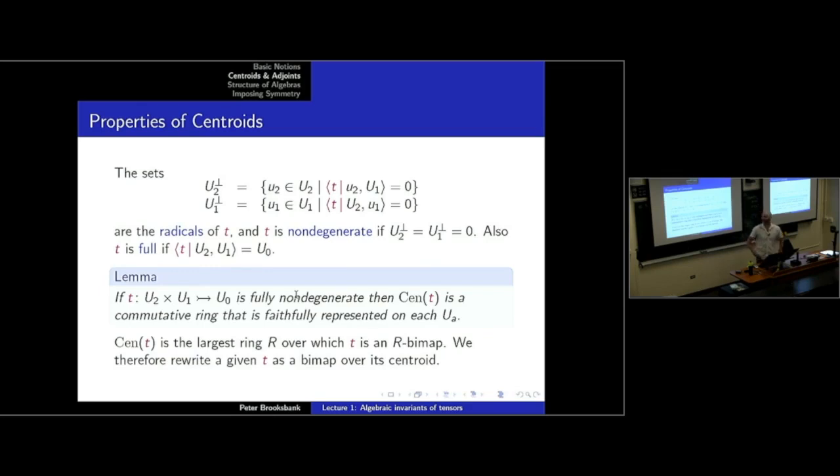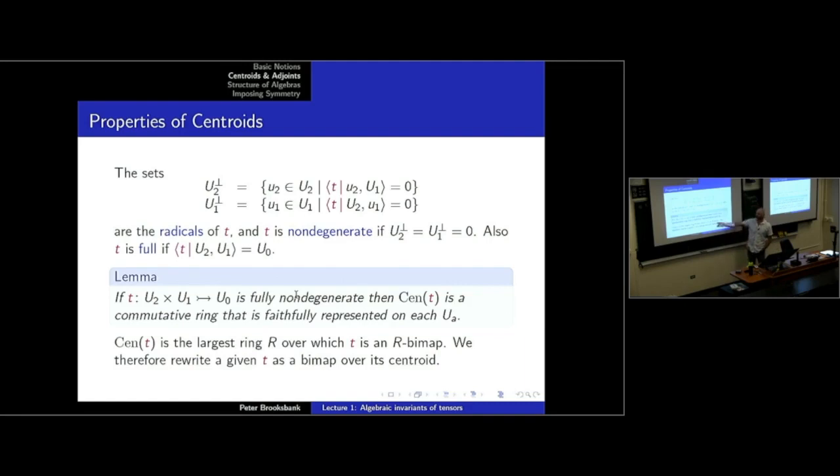So here's a nice little lemma: if you do have a fully non-degenerate tensor, then the centroid of the tensor is a commutative ring. This is a nice fundamental property of the centroid, maybe not too surprising given the name. And moreover, it acts faithfully on each of the different coordinates.